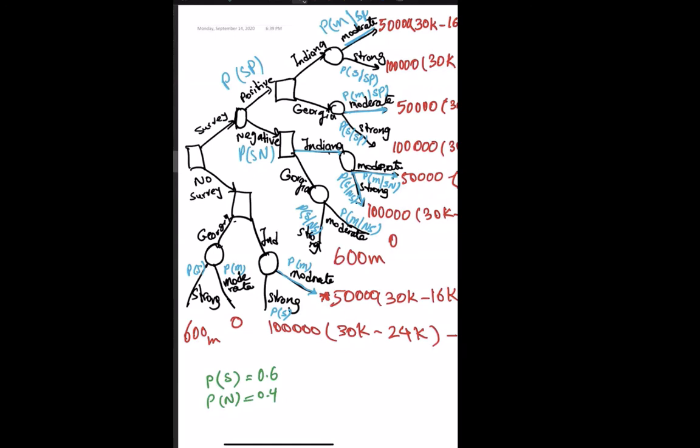Do you know which line I'm looking at? Yeah. Sorry, I was muted. So if I'm reading it correctly, it says that for vehicles that eventually had strong sales, the marketing survey indicated a positive attitude 70% of the time. So that means positive survey given strong sales.